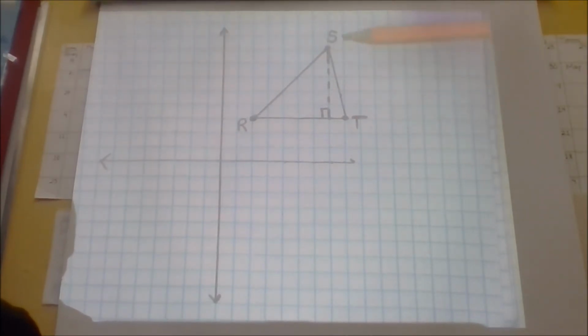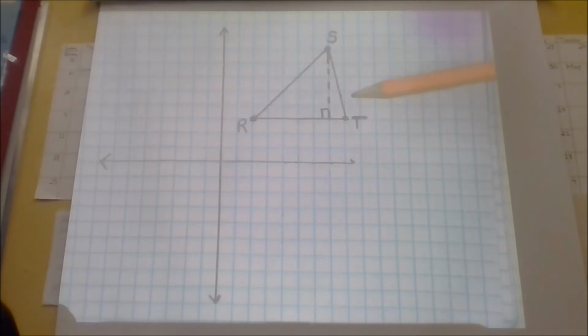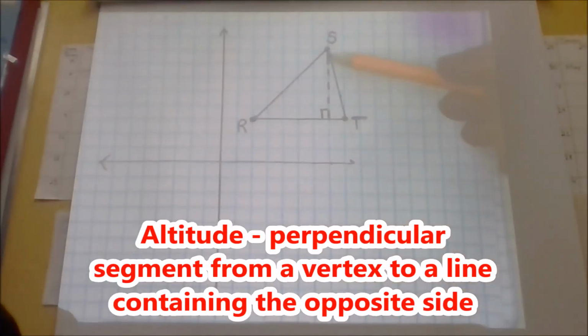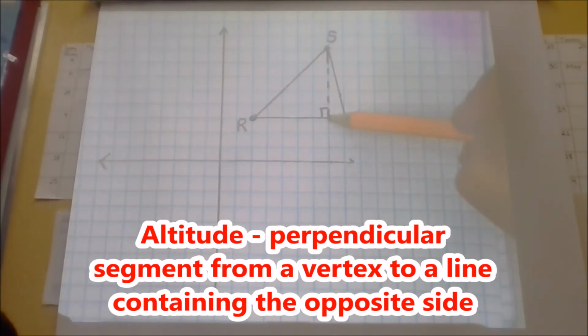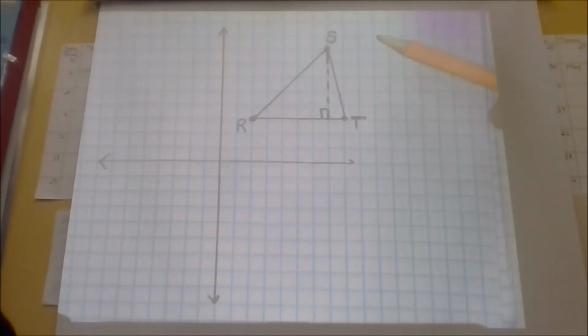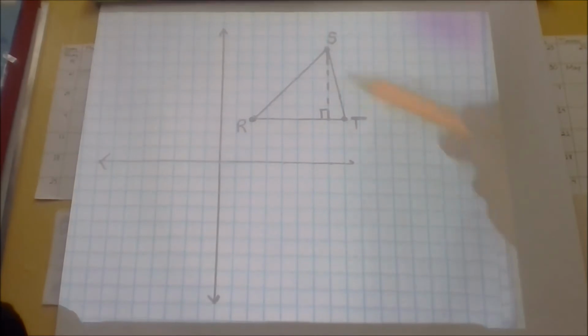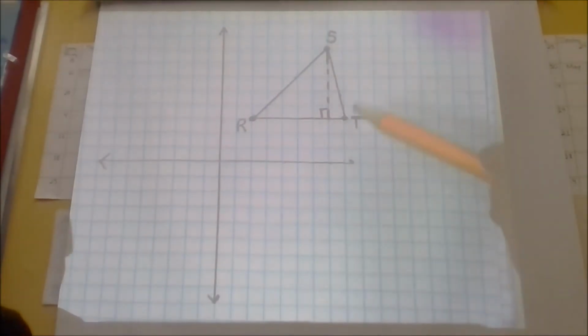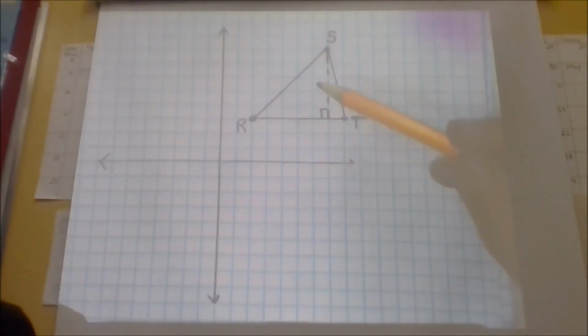So we know that the altitude is the perpendicular segment from a vertex to the line containing the opposite side. Now in this case, the altitude is going to the opposite side, but sometimes we have to extend the lines or the segments of the triangle to get that perpendicular distance. So now for these other two sides of the triangle, the altitudes aren't as straightforward.